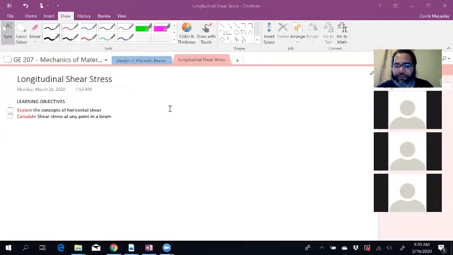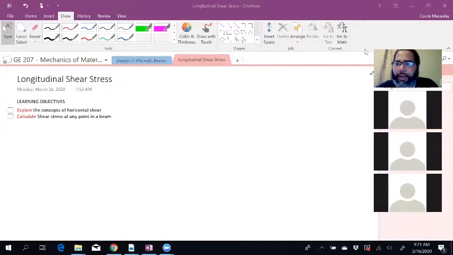But if we just have simple supports, that horizontal force would be zero internally. But now, instead of looking at the shear force along the cross-section, or parallel to that cross-section, we're going to look at the shear force along the length of that beam.